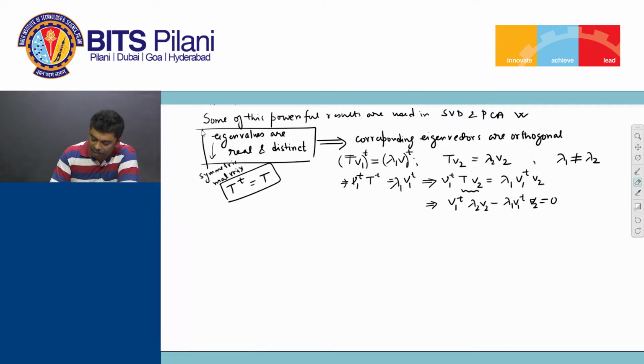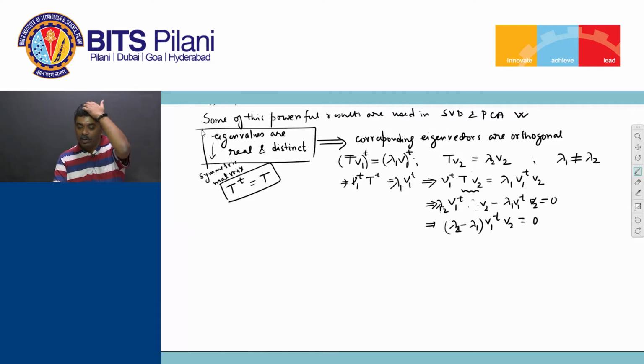So what I have is lambda 1 minus, sorry, this is lambda 2, I'm really sorry. So this is lambda 2 minus lambda 1 times v1 transpose v2 equals 0.